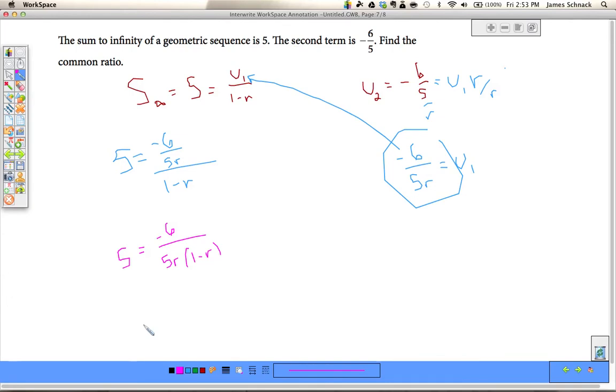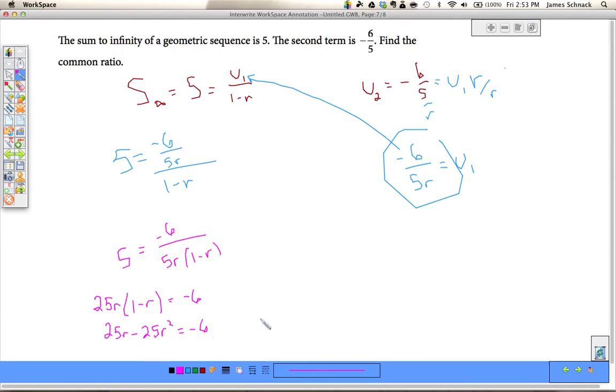And now it's time to start solving, guys. This is great here. So I'm going to multiply to get rid of the division. So we now have 25R times 1 minus R equals negative 6. Distribute: 25R minus 25R squared equals negative 6. We want to get all of our terms to one side.